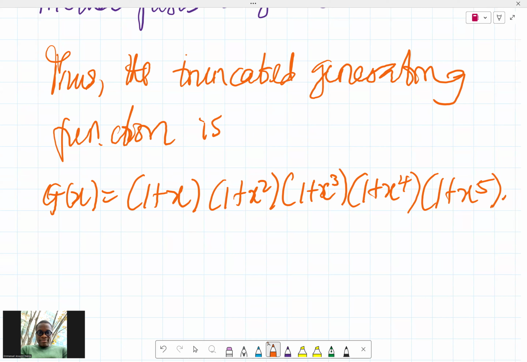That's how far we can go, because we are talking about n equals 5. So we can't go above this. The worst case is that you have 1 times x raised to power 5. Of course, that's not exactly what we're going to have, but at least we go as far as x raised to power 5.